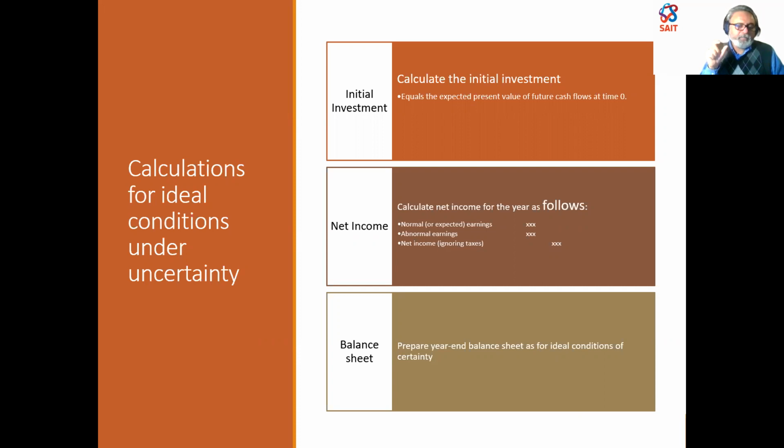So there is an element of abnormal earnings or unexpected cash flows that comes into the picture. And the balance sheet is pretty much along the lines of what we learned to do in week 1.